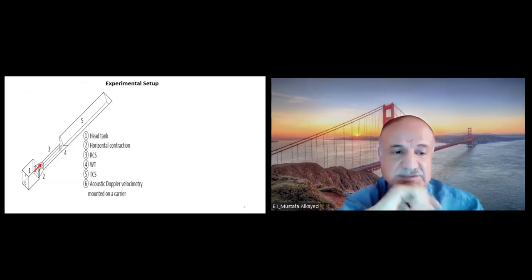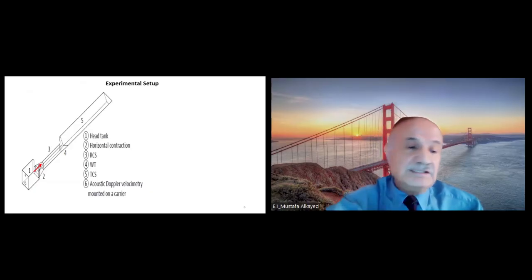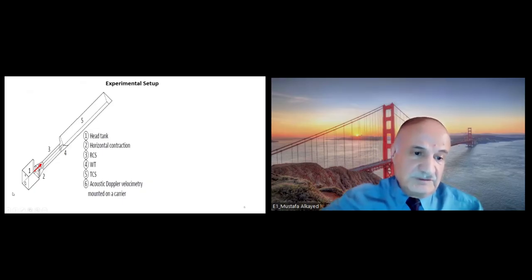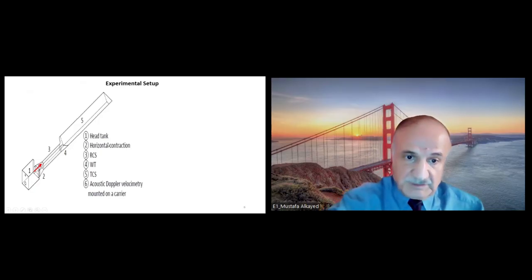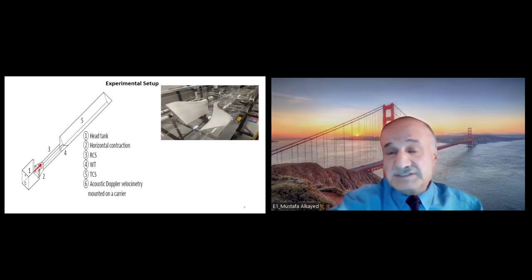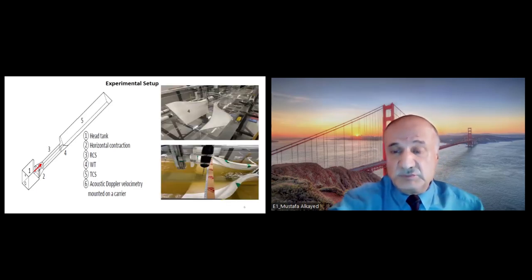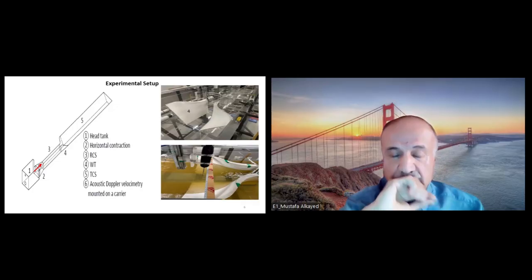Now the system consists of a head tank, a contraction section, and a rectangular section. Number 4 is the warp transition, and we have trapezoidal cross sections. Now this is the warp transition, and we use acoustic Doppler velocimetry to measure the velocity in the whole sections.